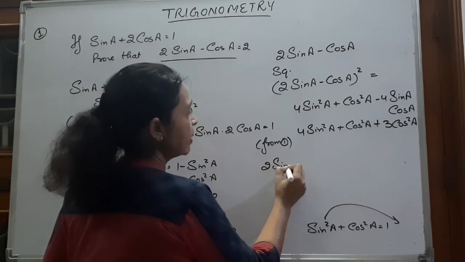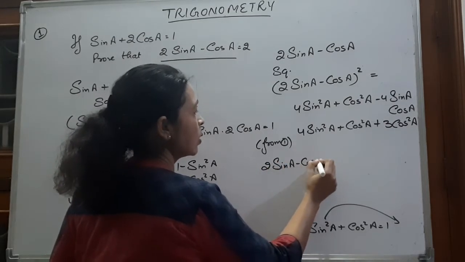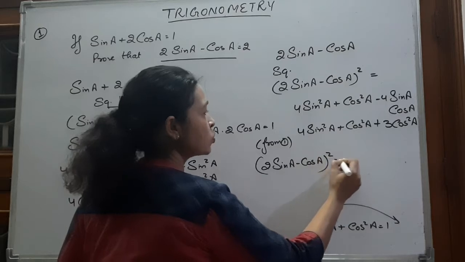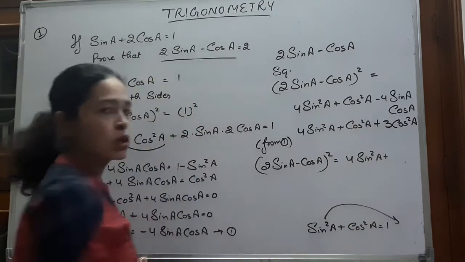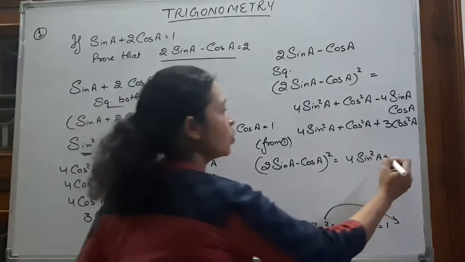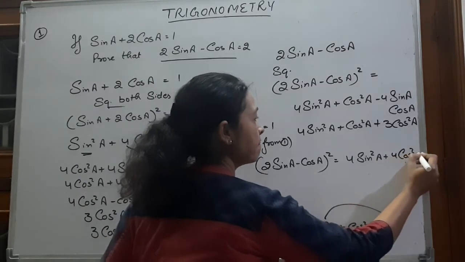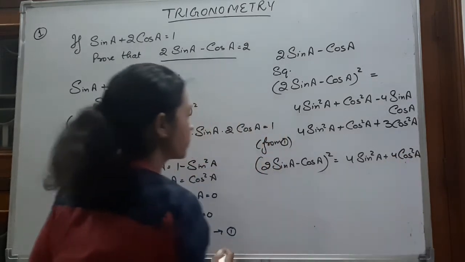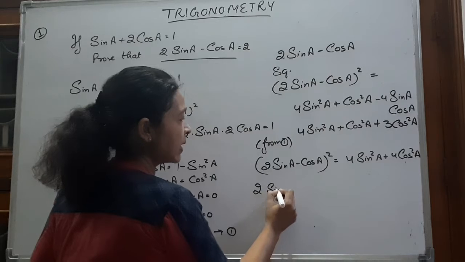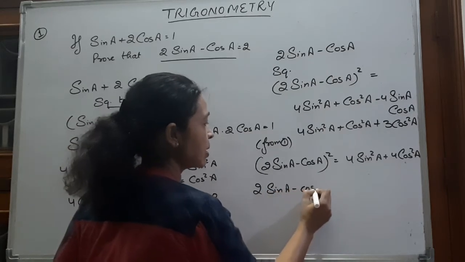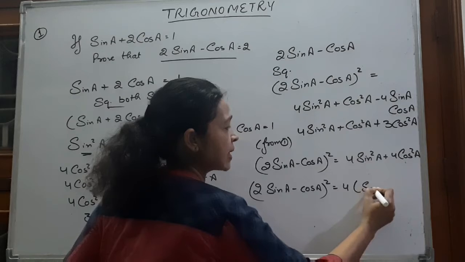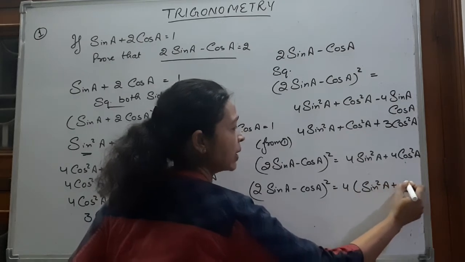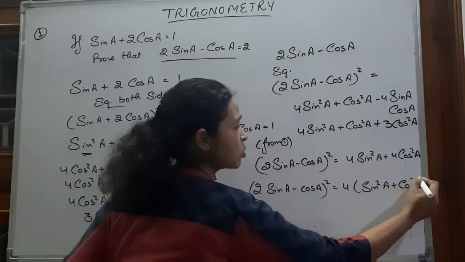So (2 sin A minus cos A) whole square is equal to 4 sin square A plus cos square A plus 3 cos square A, 4 cos square A. (2 sin A minus cos A) whole square is equal to 4 common, sin square A plus cos square A. And what is sin square A plus cos square A?